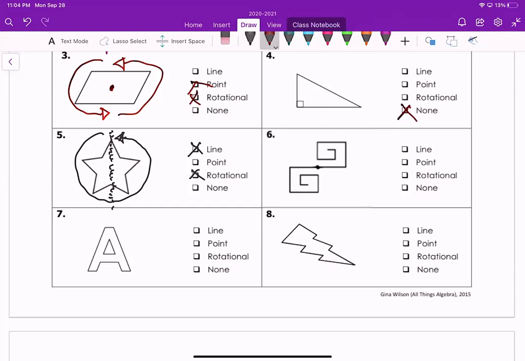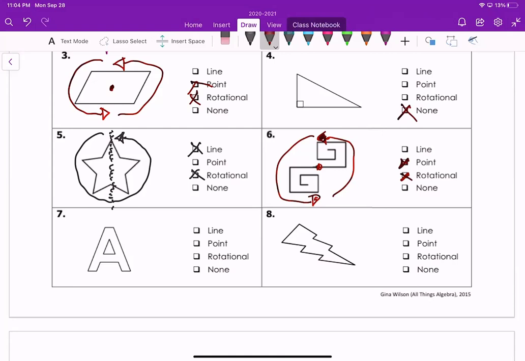Let's see, number 6. It's kind of hard to tell, but it's point and rotational. So point, I can rotate it about 180 and 360. Number 7. Now it's a letter.